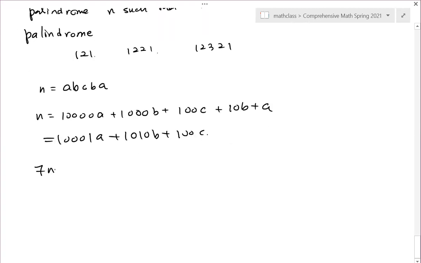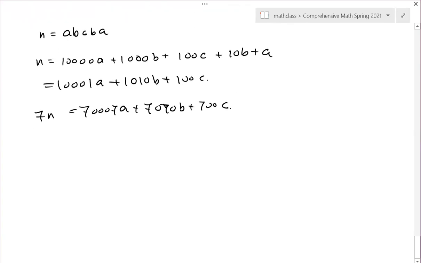Now, when you multiply by 7, what do you get? You get 70007A, 7070B, and 700C. So this should also be a 6-digit number, first of all.